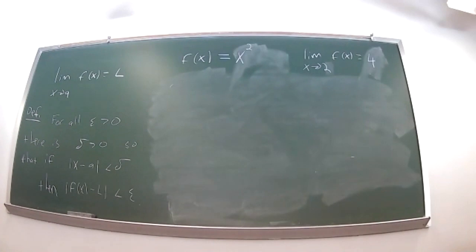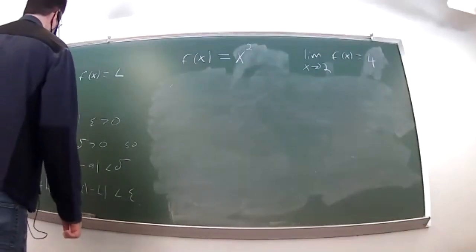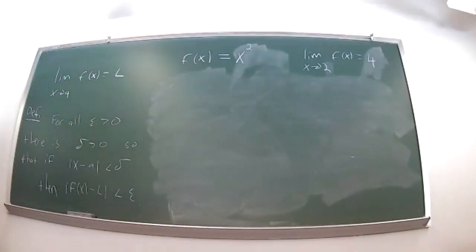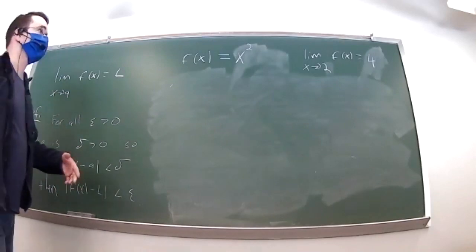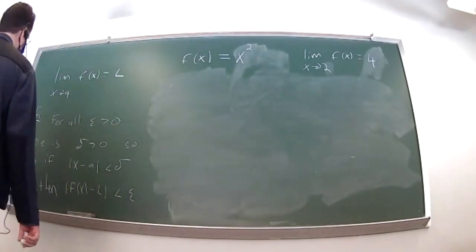We know that's true because x squared is a continuous function. We know that's true from the limit laws. But let's now use the formal definition of a limit to prove that the limit as x goes to 2 of f of x is equal to 4.